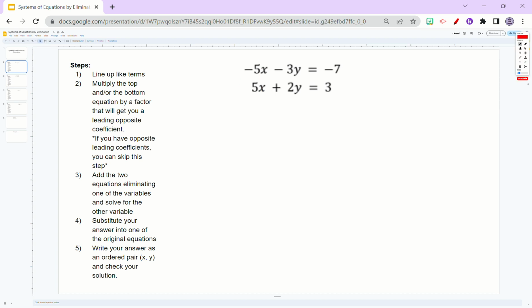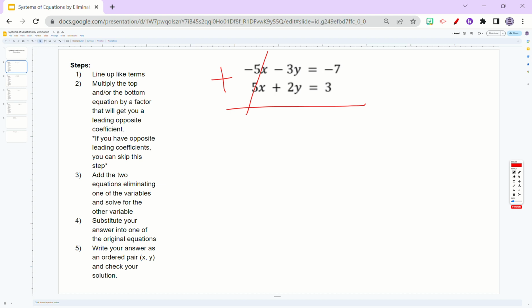All right, step 3 says to add the two equations, eliminating one of the variables, and solve for the other variable. So let's add up the equations. We have negative 5x plus 5x, which is 0. We just eliminated one of the variables.